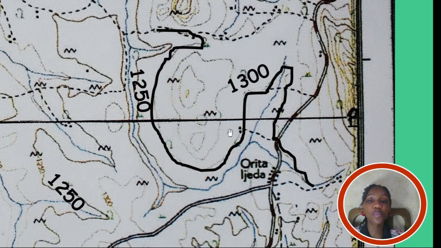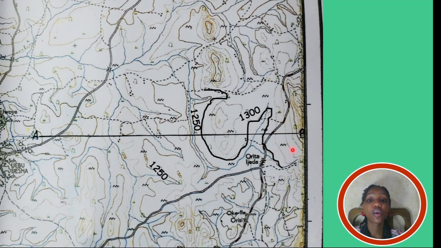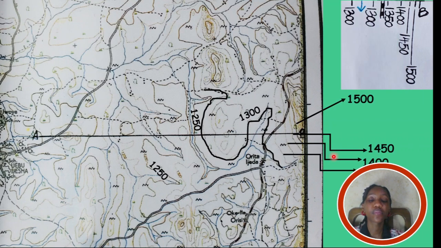Then if we keep moving up and the contour lines keep increasing in 50s, so 1350, 1400, 1450, 1500. If we bring it out again, 1350, 1400, 1450, 1500.